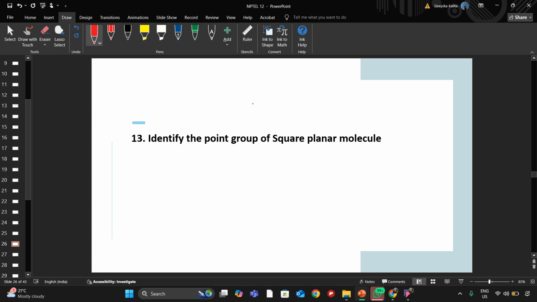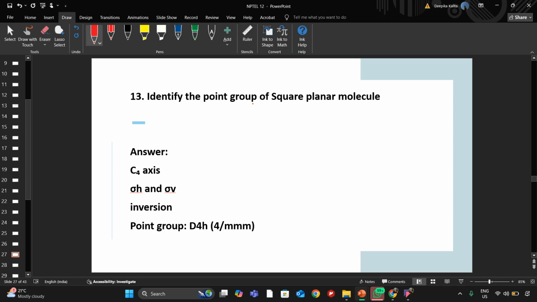In the next question, identify the point group of a square planar molecule. So, the primary point group for a square planar molecule is D4h. It is characterized by high symmetry, by the presence of a principal C4 axis and four perpendicular C2 axes.